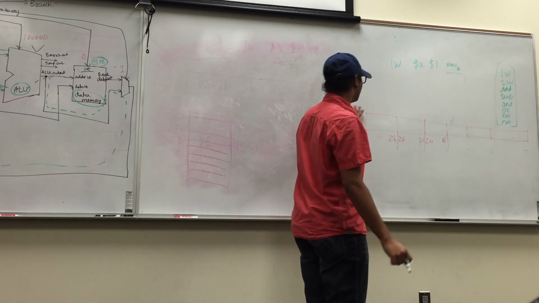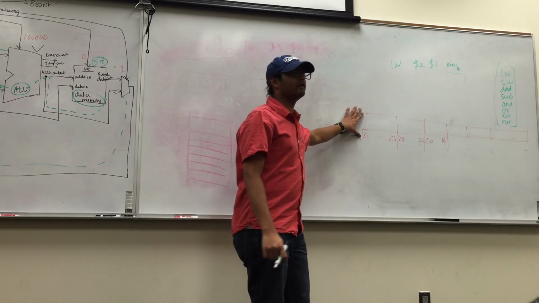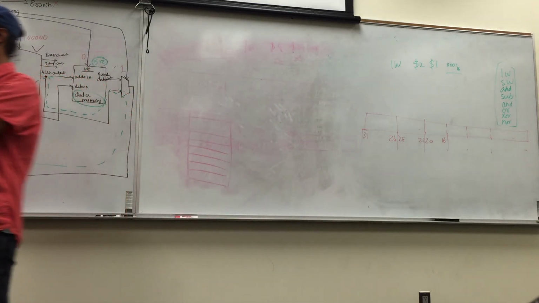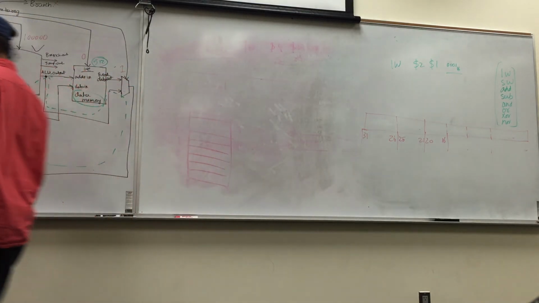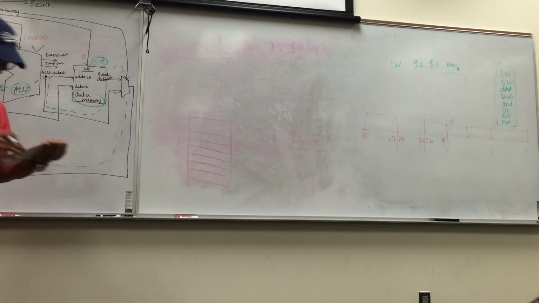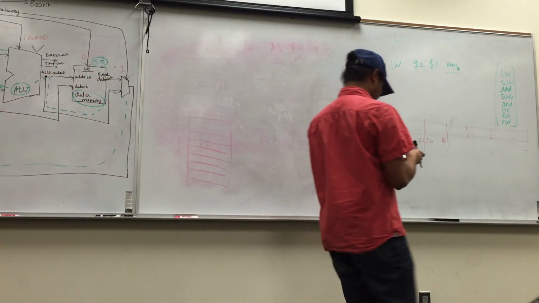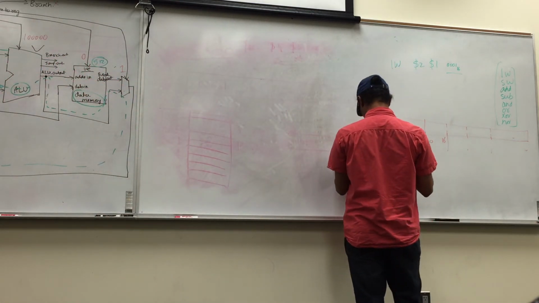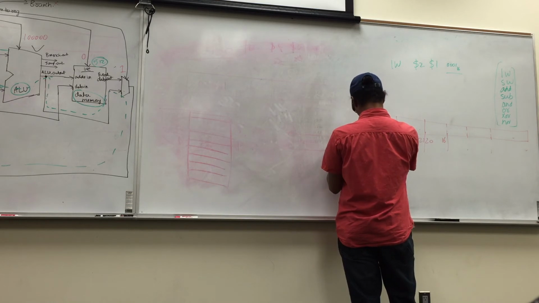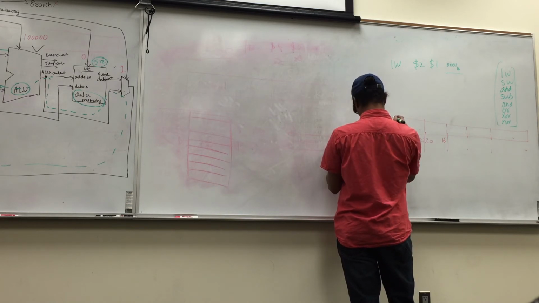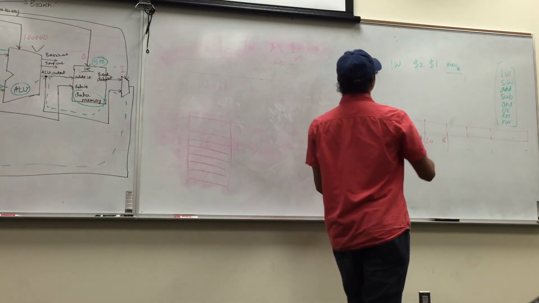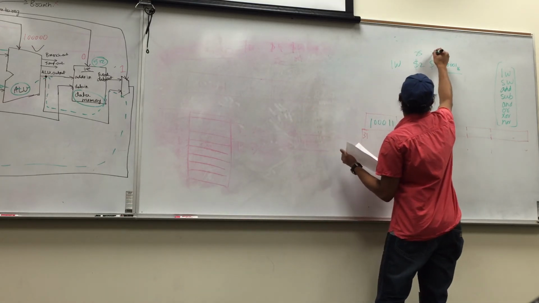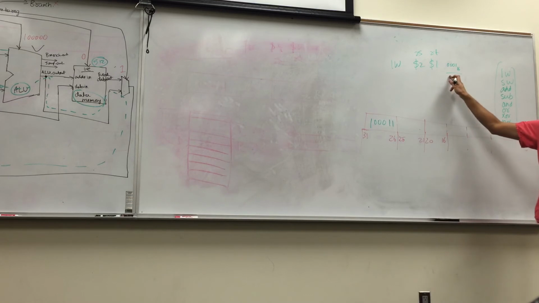So okay, what's the opcode here for the load instruction? It's 35 in decimal, so it is 100011. Okay, so RS, RT, is it right? Or is it the other way around?